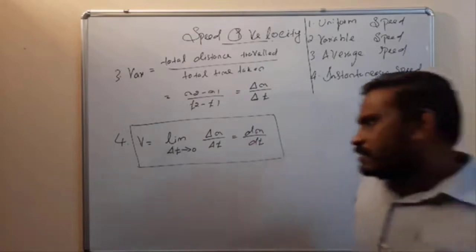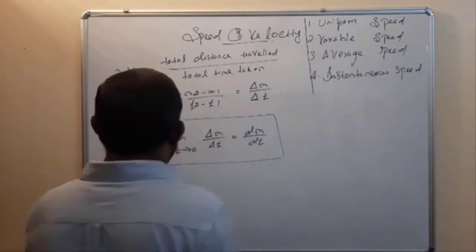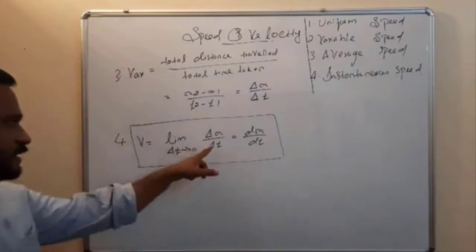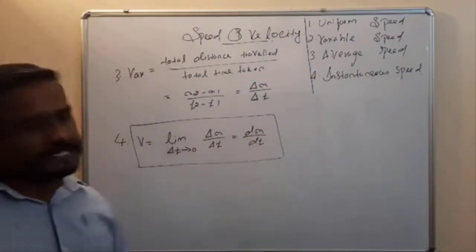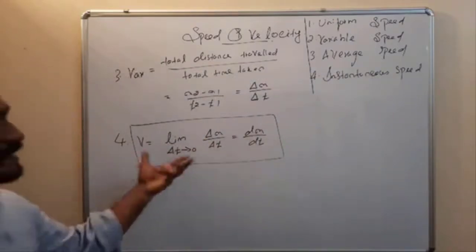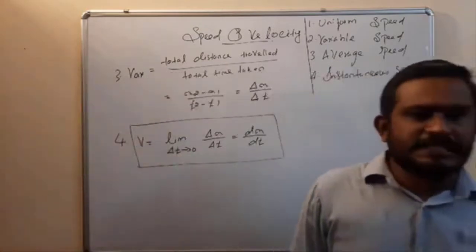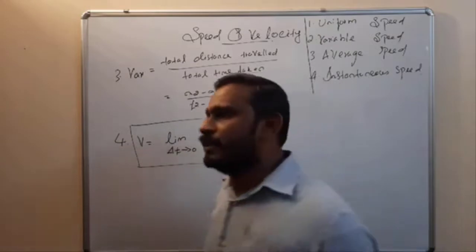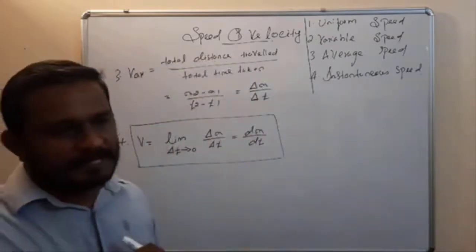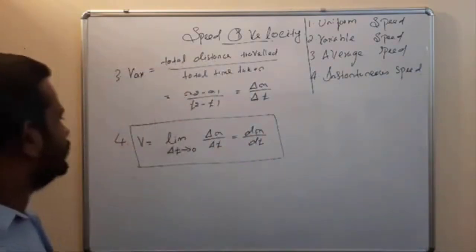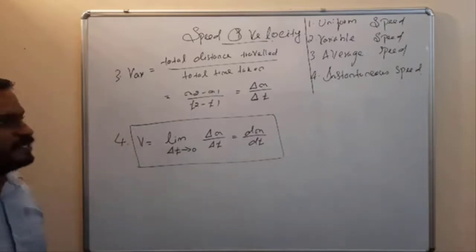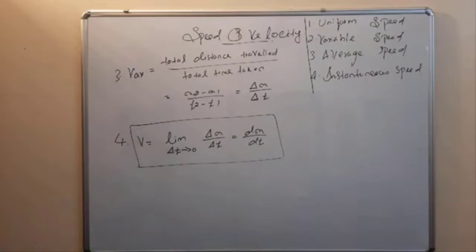So V is equal to limit delta t tends to 0 of delta x by delta t, that is equal to dx by dt. That is the instantaneous speed: the speed of the object at any particular instant, or at any particular point in its path.